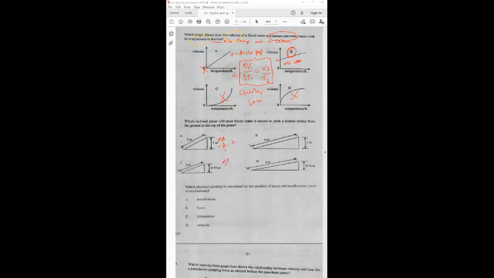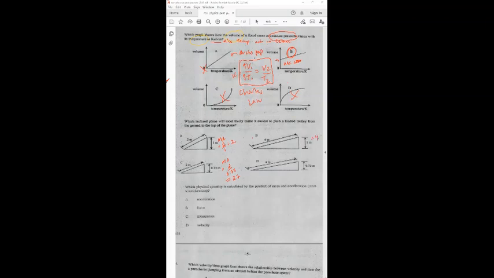This one, mechanical advantage, length over height, 2 divided by 0.75 is going to give us 2.7. This one over here is going to give us 4.